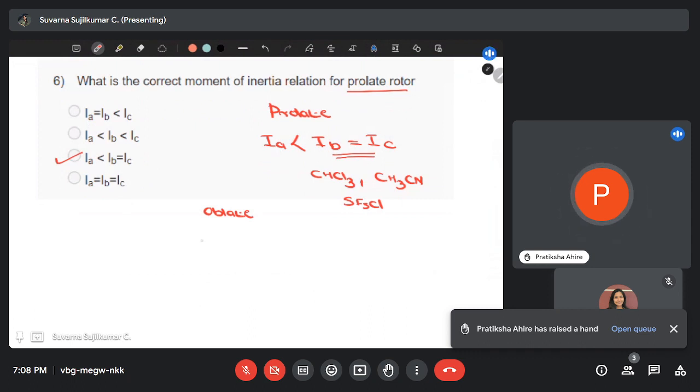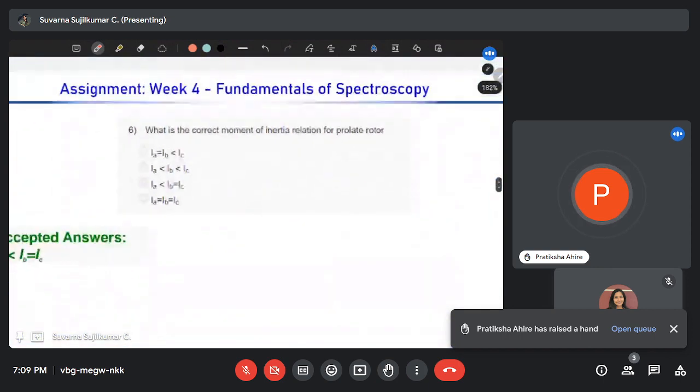The condition for oblate is IA equal to IB, which is less than IC. Examples are CHCl3, BF3, BCl3, and benzene. So the answer is C.